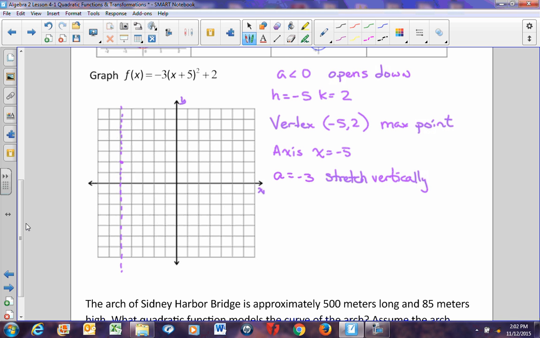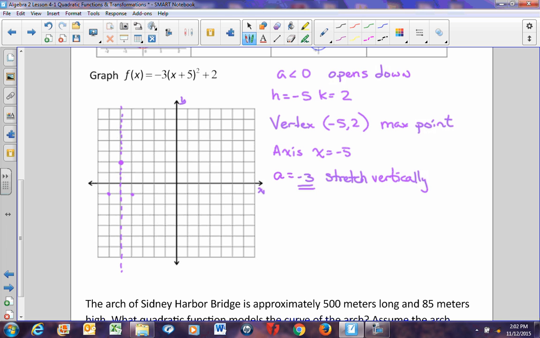Okay. Now, I know from my vertex that normally I go over 1, up 1, or over 1, down 1. But now that we know that a is negative 3, instead of going over 1, down 1, I'm going to go over 1, down 3. So I'm going to go to the right 1 and down 3. And it has to have its mirror image, so it's going to be on the other side of the axis of symmetry.